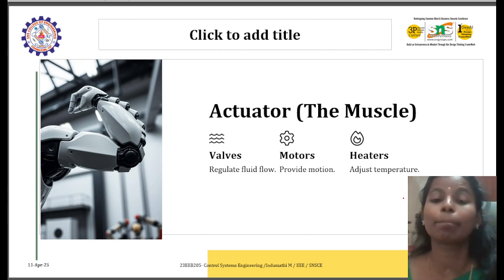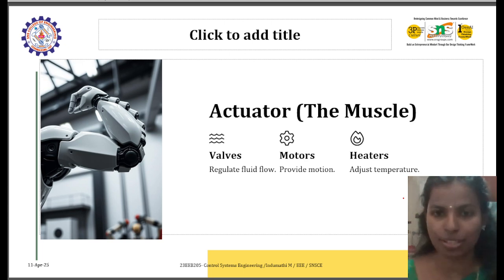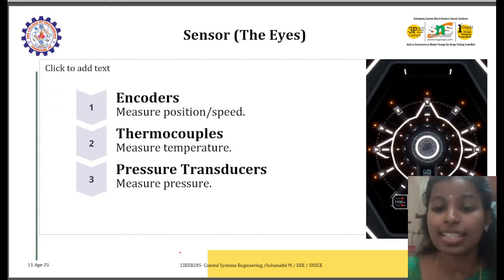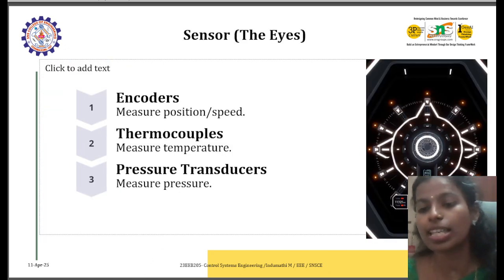The actuator is the muscle of the control system. For example, valves, motors and heaters are actuators. The sensors are like the eyes of the control system.